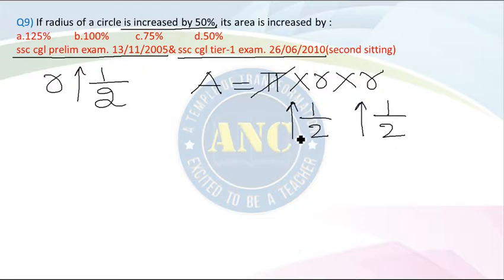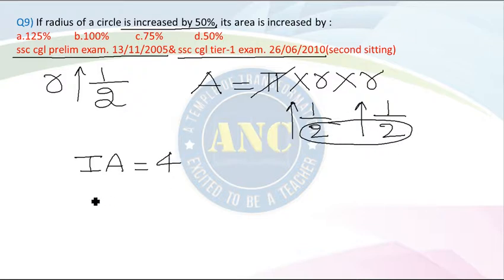That means, can I say that initial area is nothing but, multiply the denominators, 2 into 2, 4. Final area: 2 is increased by 1, it becomes 3. 2 is increased by 1, it becomes 3. 3 into 3 becomes 9. Initial area is 4. Final area is 9.